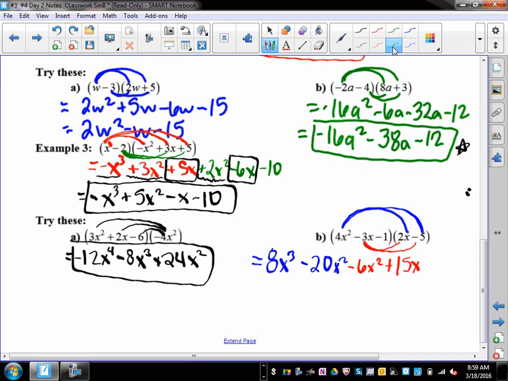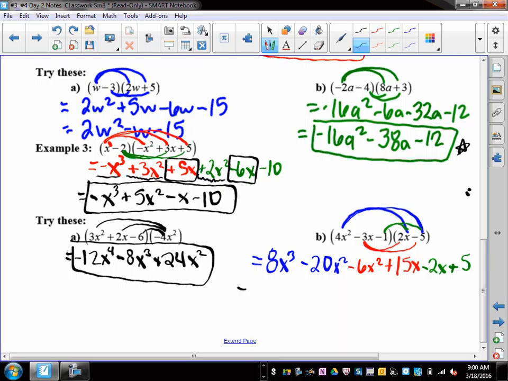Alright, and then finally our last term. Negative 1 times 2x? Negative 2x. Negative 1 times negative 5? Positive 5. There's a lot there. If you would like to do back distributing, so 2x going into all three and then negative 5 going into all three, you can do that too. Yep, just like I just showed you right beforehand, that'll do the exact same thing.